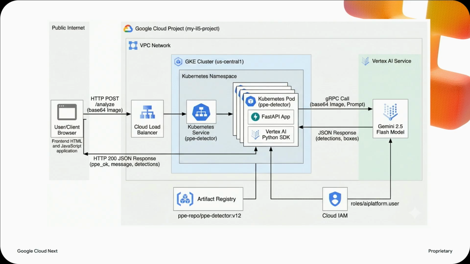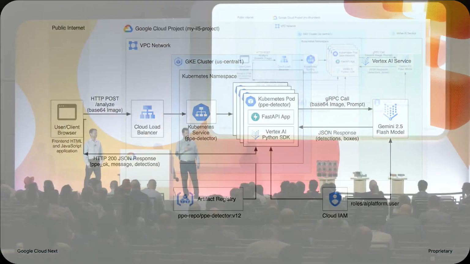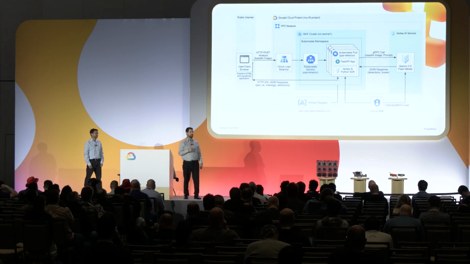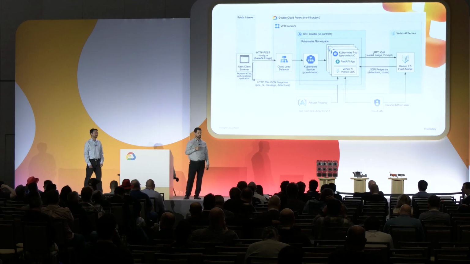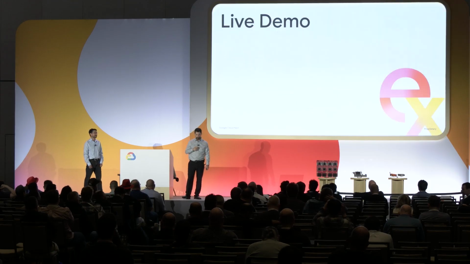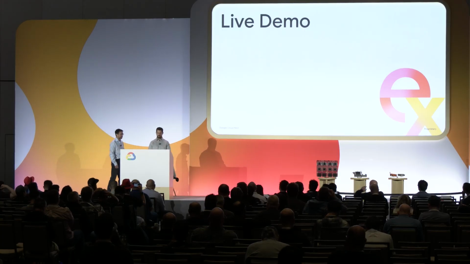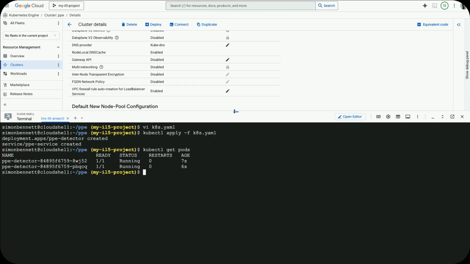Our code is pulled from a private artifact registry, so any changes to our application code will be kept and subject to the same set of controls as everything else in the project. And Cloud IAM obviously underpins all of the access to this application. All right, let's jump back to the laptop and see if our application is deployed.